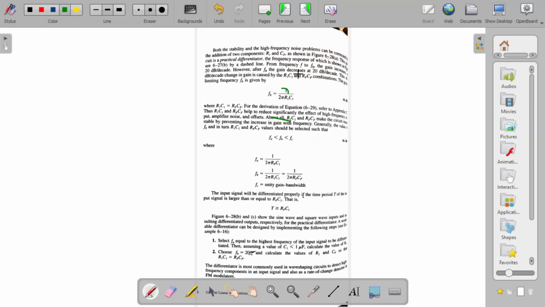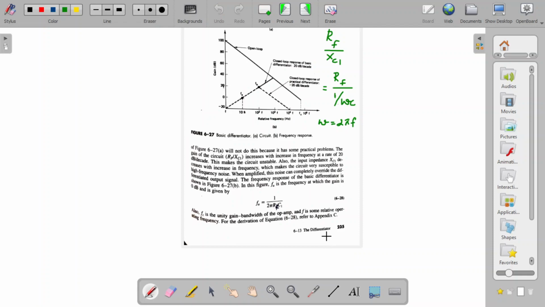Now there is additionally a frequency FC. FC is actually the frequency at which the gain becomes unity. You can see that this is FC, and this is the frequency at which the gain becomes unity. So I can say this is the unity gain bandwidth.